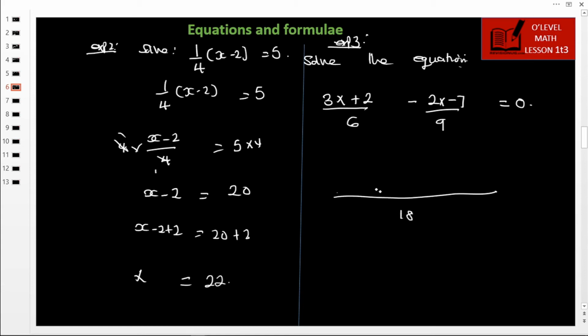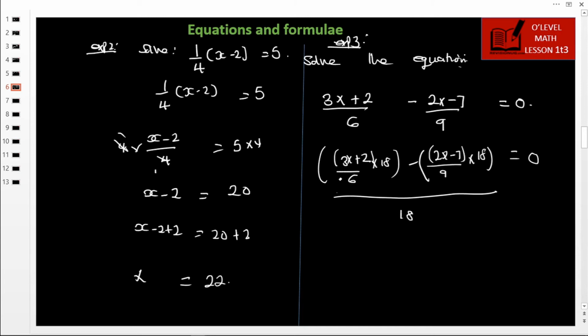So I am going to have (3x plus 2) over 6 times 18 in brackets, then minus (2x minus 7). Let me put these in small brackets, because they are two unlike terms, and is equal to 0. How many 6's are in 18?